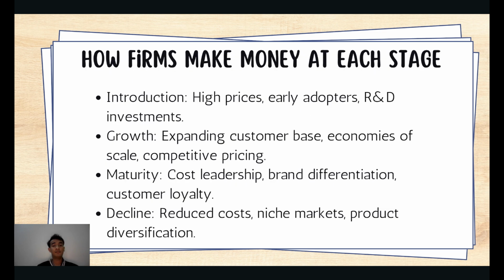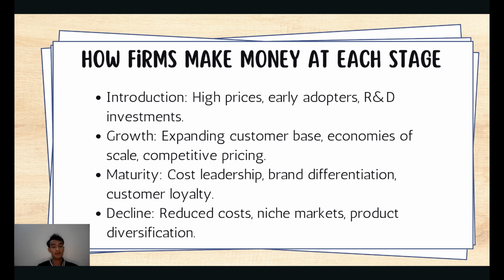And how a firm makes profit at each stage. In introduction, price is high and sales are very low, so we are not making any profit most of the time. In growth, we are doing our innovations, and we are expanding our customer base in order to get even more sales.